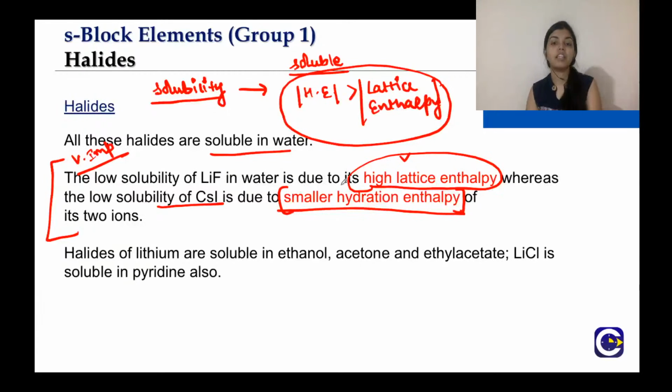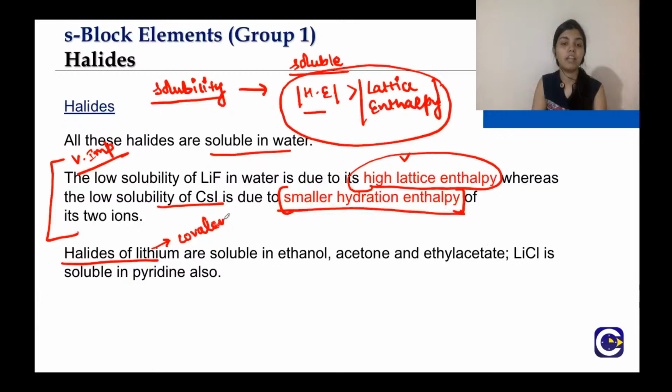So here you can see that because lithium fluoride has high lattice enthalpy, it is insoluble in water, and cesium iodide has a smaller hydration enthalpy, therefore it is insoluble in water. If you take halides of lithium, you can say that lithium halides are more covalent in nature than the other metal halides.